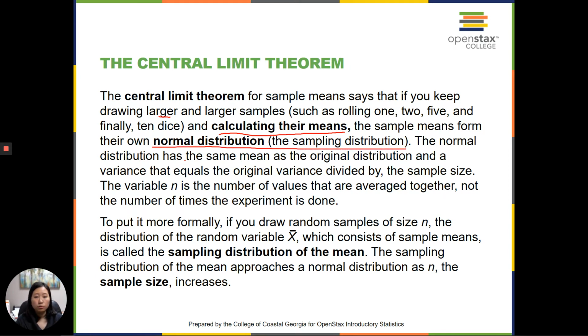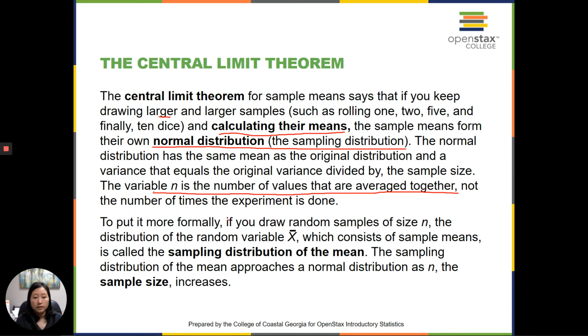The normal distribution has the same mean as the original population distribution, and variance equal to the original variance divided by the sample size. The variable n is the number of values that are averaged together, not the number of times the experiment is done. So that is basically the sample size of your last experiment.